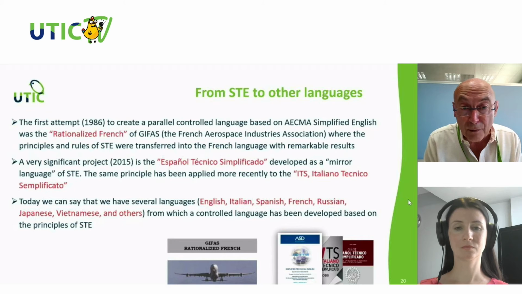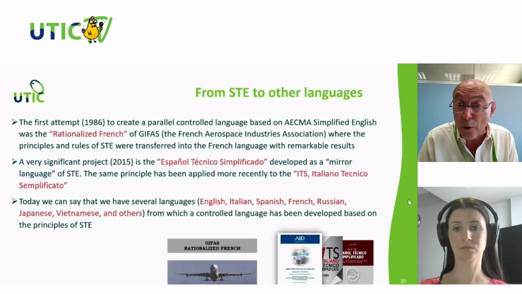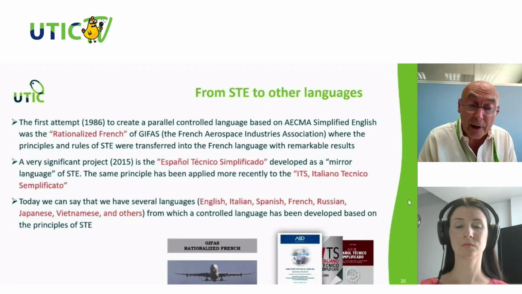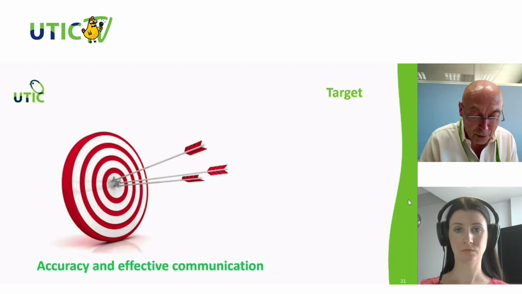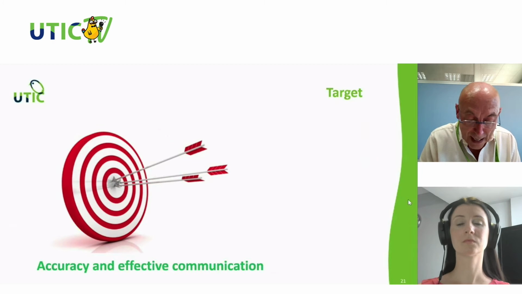One of these major examples was the simplified control Spanish, which was created as a sort of mirror of simplified technical English. So we can see how a language, for example like Russian, which is currently not entirely controlled, can get benefits from a possible future controlled version based on the STE principle in the same way as the Spanish control language.